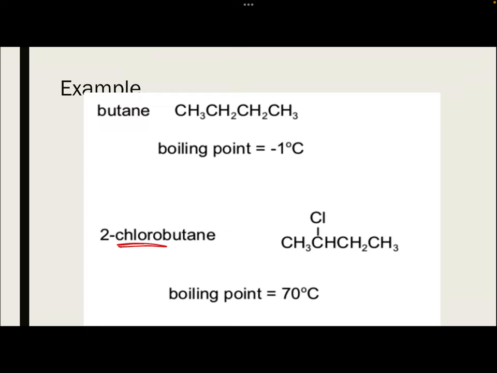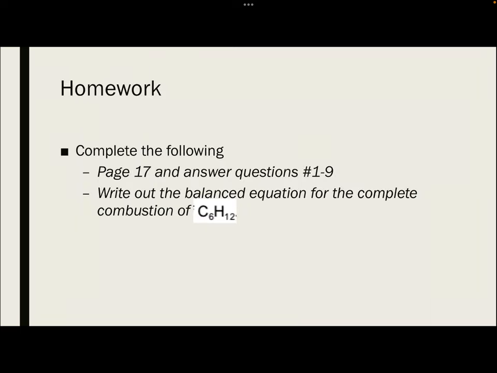But when we have chlorobutane, where a halogen is added, the boiling point is going to be much higher, because we need to break these attractions up, due to the electronegativity forces within the halogen. Once you add the halogen, the melting and boiling point increase much, much higher. Just with a little halogen added, it changes everything.